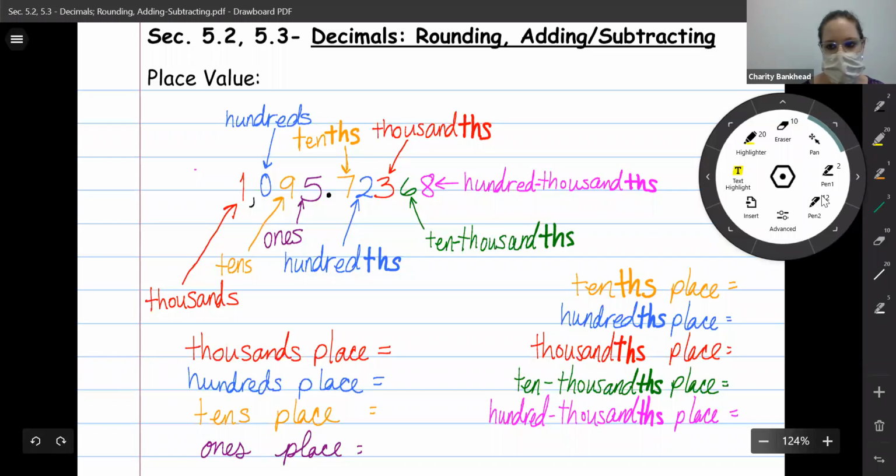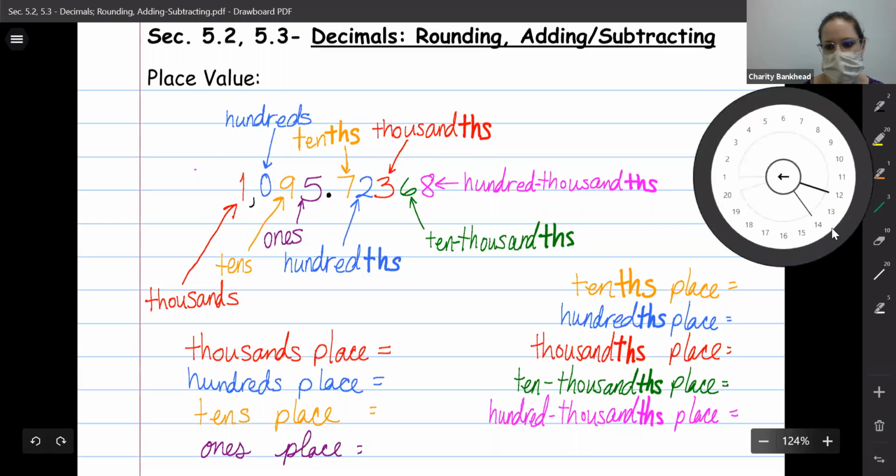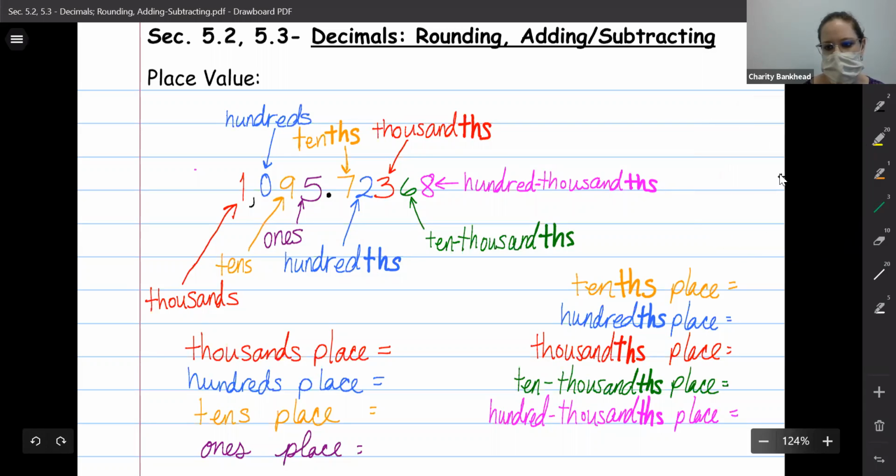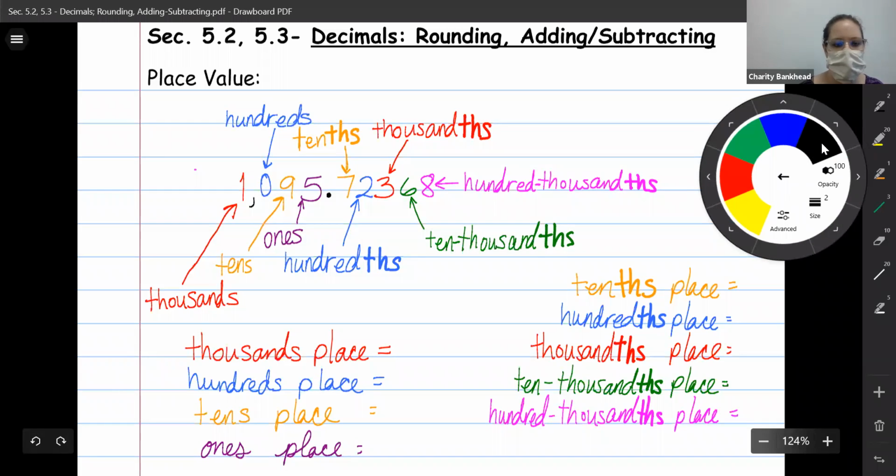All right, so for that example, in the thousands place is a 1. The hundreds place is a 0. The tens place is a 9.